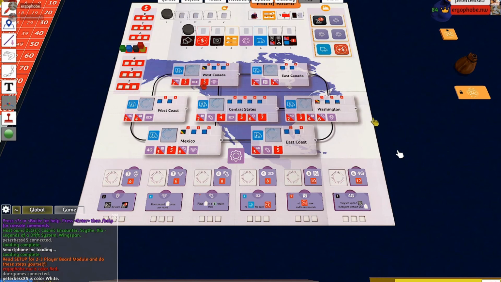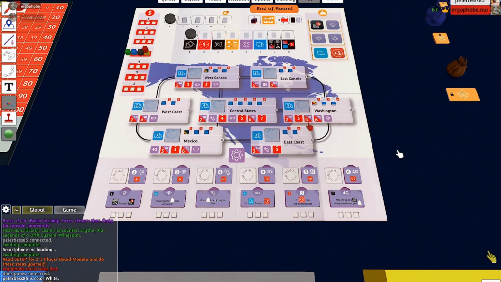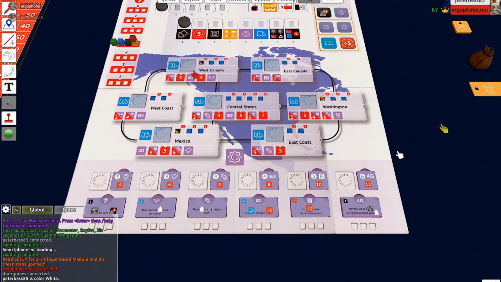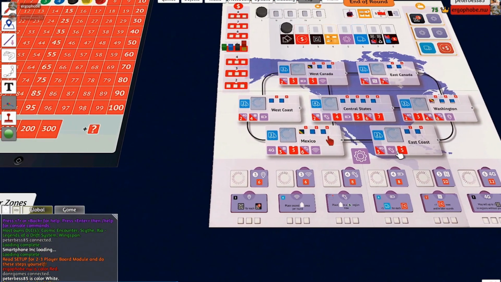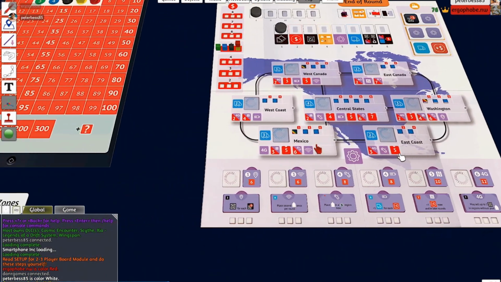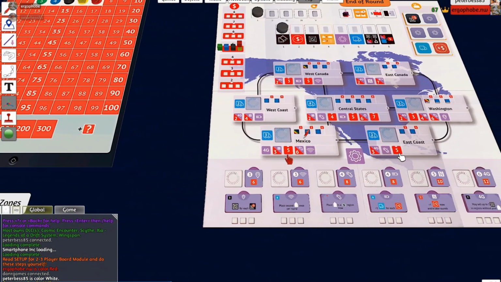No, same number of places, but this one has 3, 4, and 6, and this one's just 2, 3, 5. So Washington's a little bit easier if you're not going for the tech, whereas West Canada and Mexico are both good if you're going for the tech. Mexico's also quite good if you're trying for expensive phones.